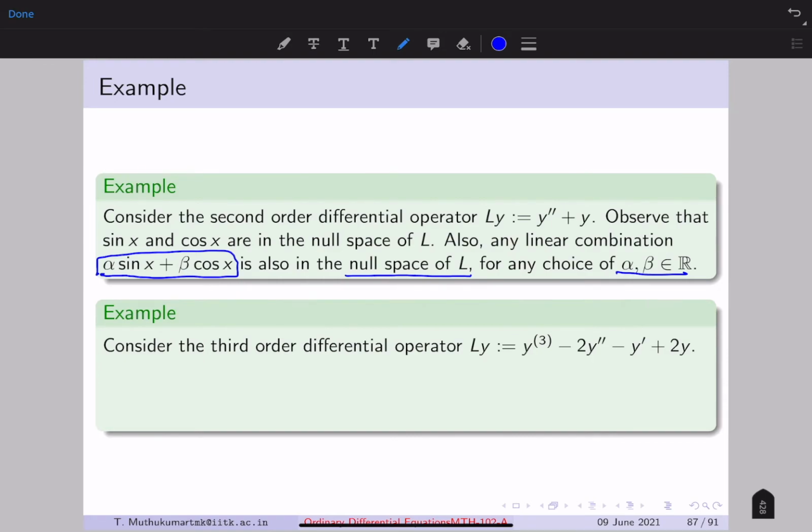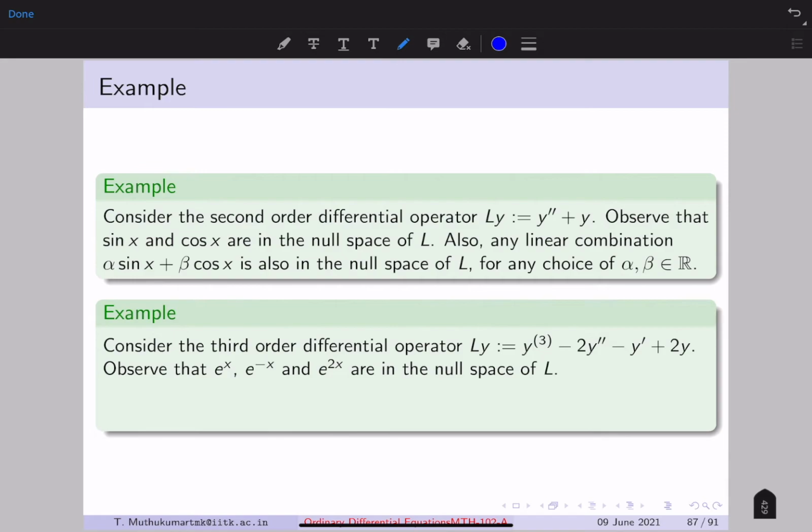Okay. Now as another example, let's look at a third order differential operator which is linear. You verify that exponential of x, exponential of minus x, and exponential of 2x are all in the null space of this L. Because if you differentiate e power x as many times as you want, it is still e power x.